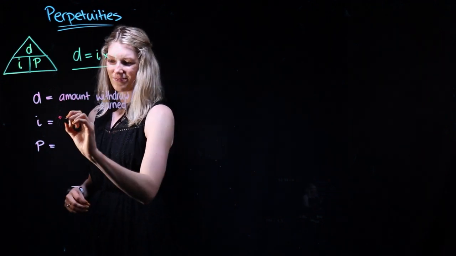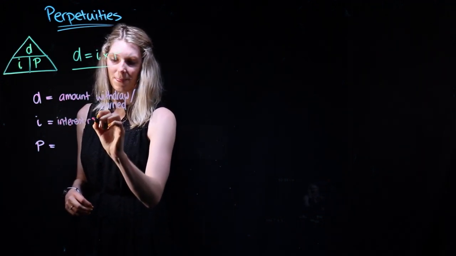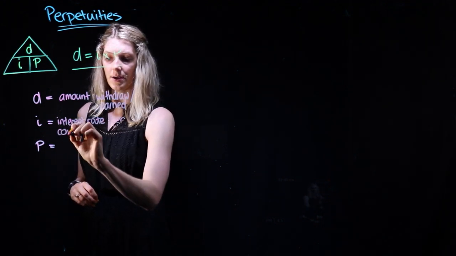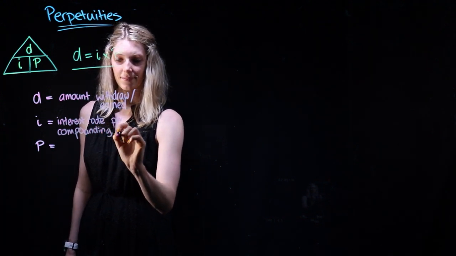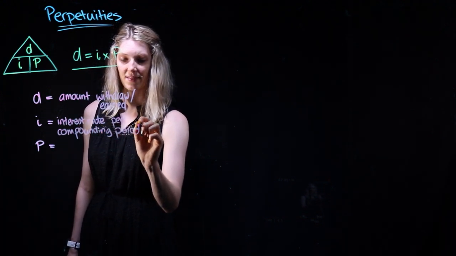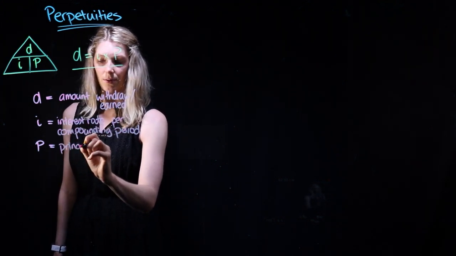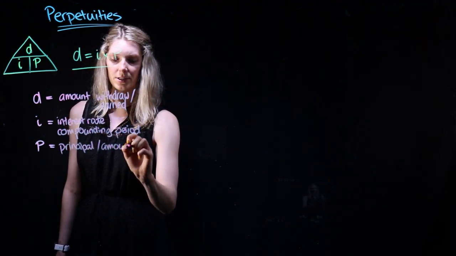Our I is our interest rate. Importantly, it's per compounding period. And our P is our principal, or our original amount invested.